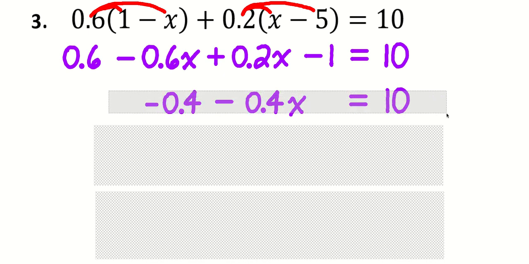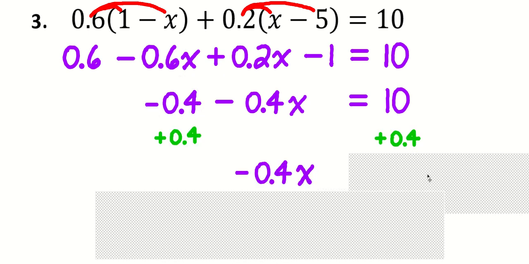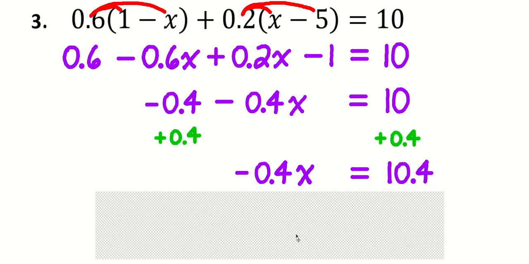But now we're here, and once again, I don't think we need to move any x's to the other side. We only have this x right here, so we just have to get rid of this term and then get rid of the negative 0.4 times x.